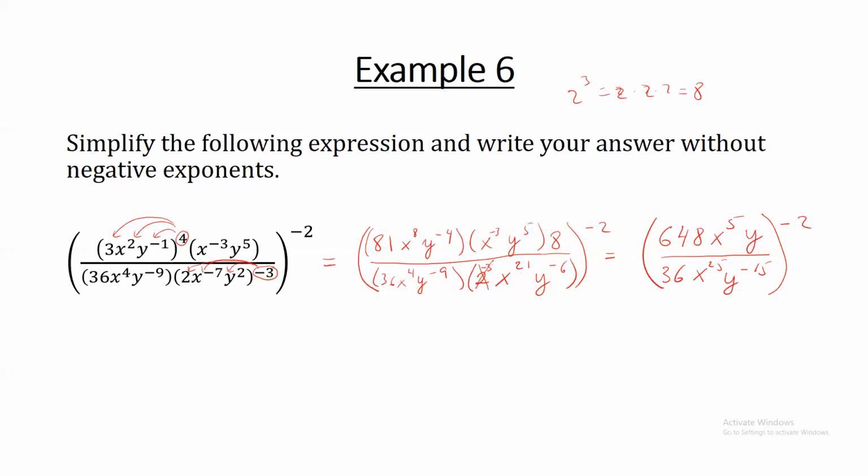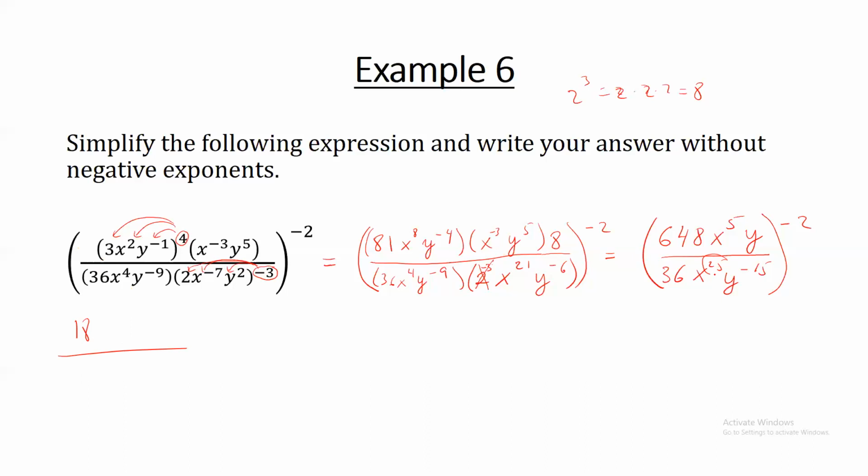Okay, well, now we can reduce. We can simplify, I should say, 648 over 36, because it turns out that 36 goes into 648 evenly, exactly 18 times to be specific. So that just reduces to 18 over 1, and we remember we don't have to write the 1.